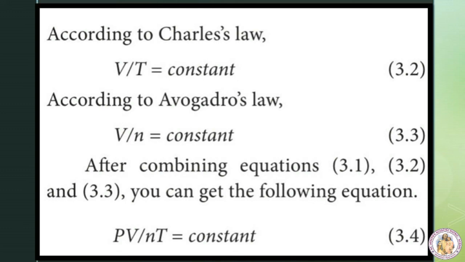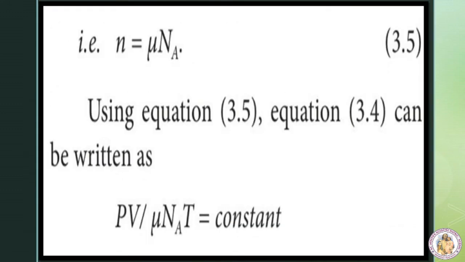After combining equations 1, 2 and 3, you get the following equation: PV by NT is constant. This relation is called the combined law of gases.